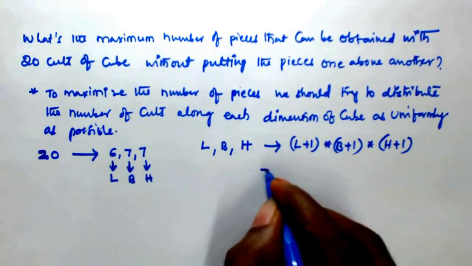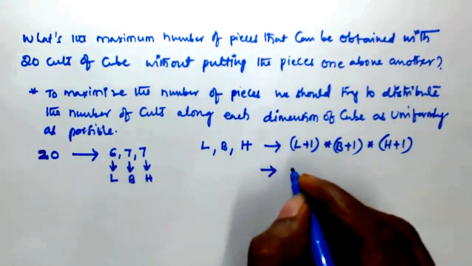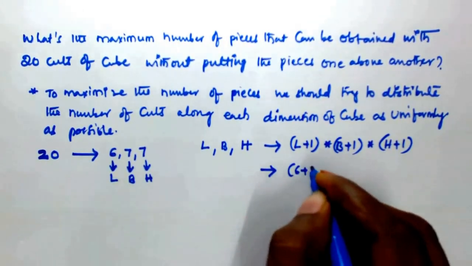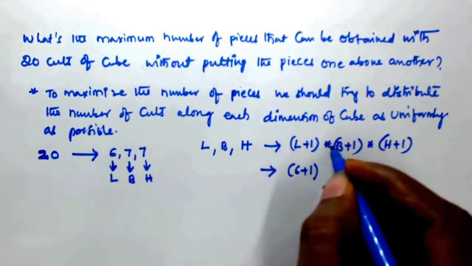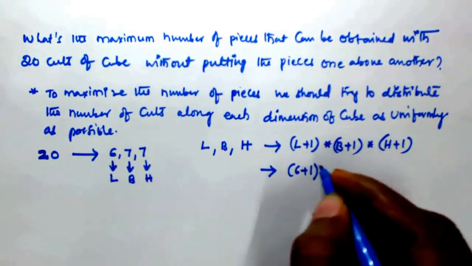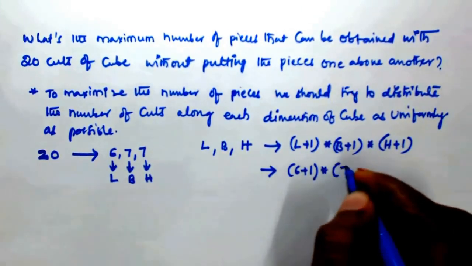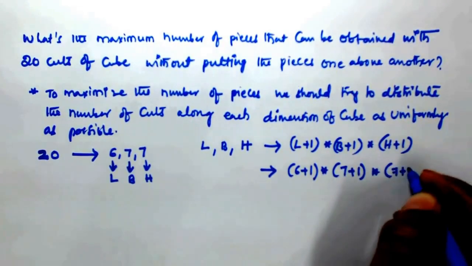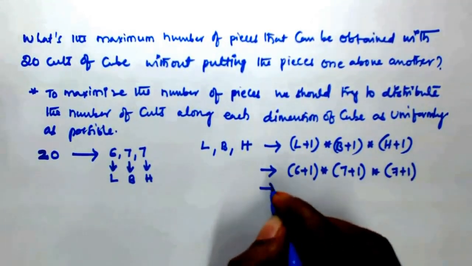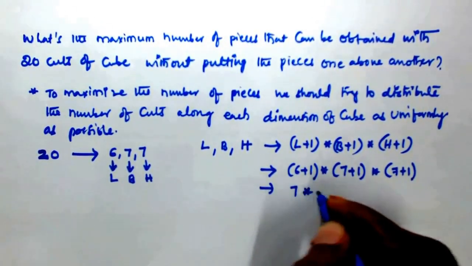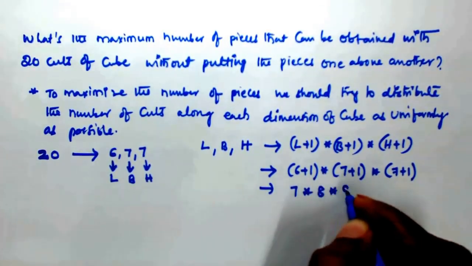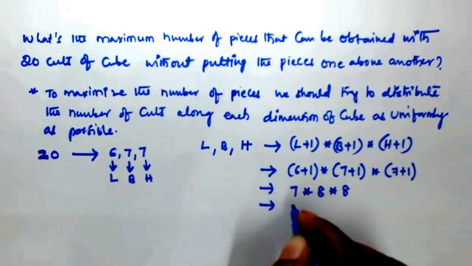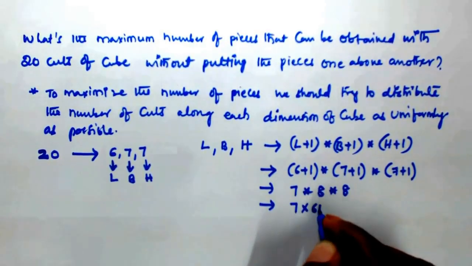So the total number of pieces is (6 plus 1) into (7 plus 1) into (7 plus 1). To know more about this formula, please watch the previous video. So 6 plus 1 is 7, into 8 into 8, that means 7 into 64.